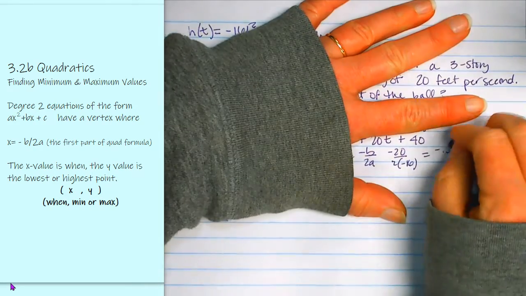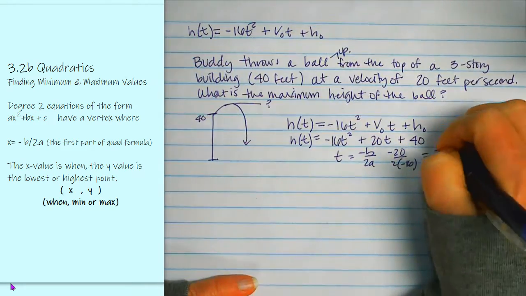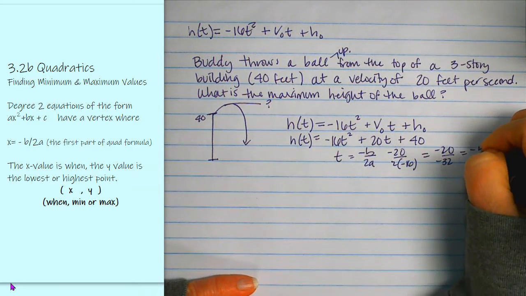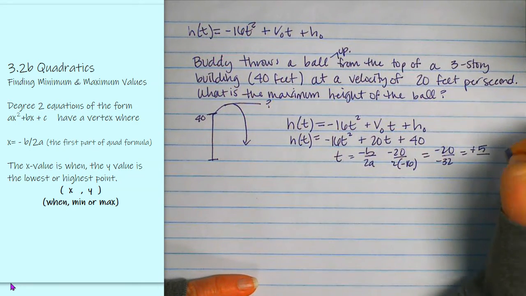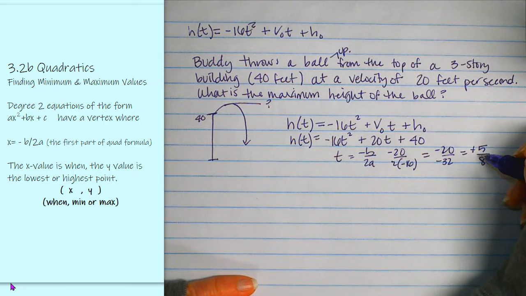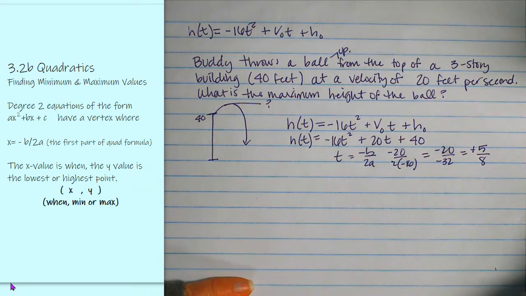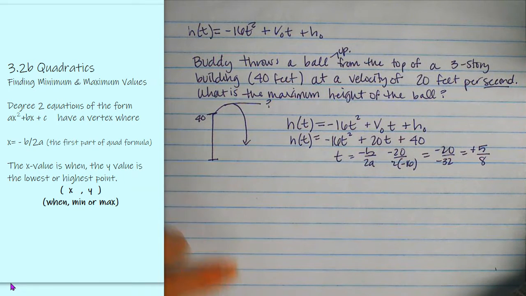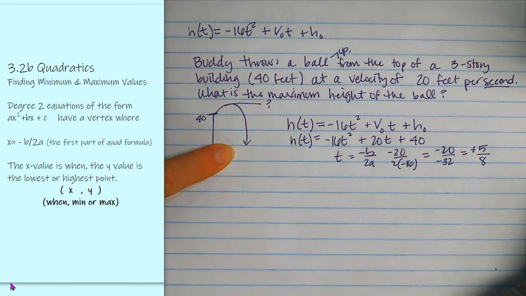I'll leave it as 20 and reduce the whole thing. Negative 20 over negative 32. 4 goes 5 times, and 4 goes 8, and I changed it to plus. So at 5/8 of a second, because we're in seconds here, then this reaches its max, and then it starts to come back down.